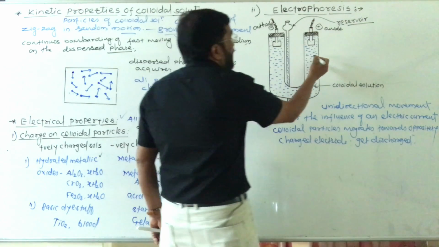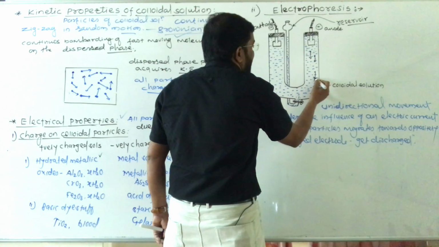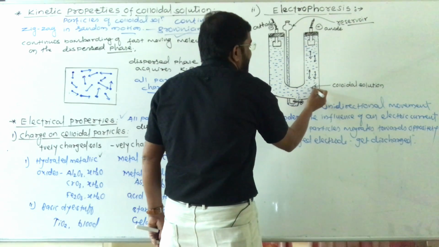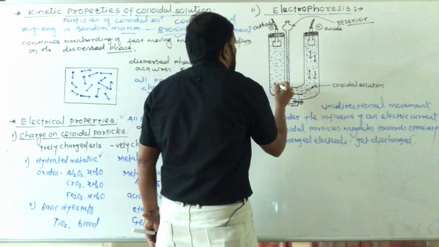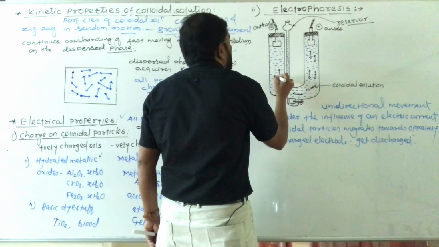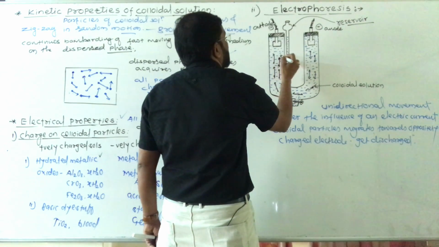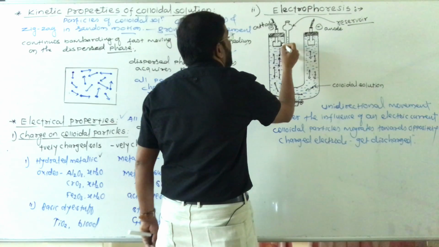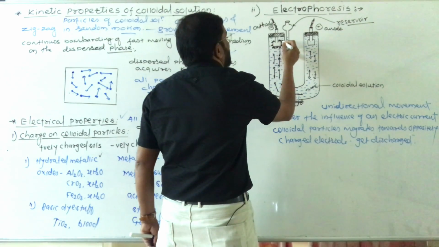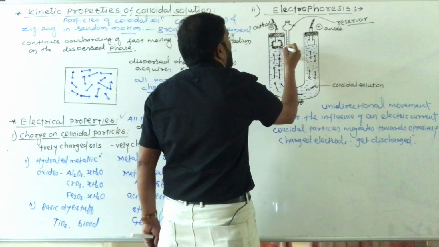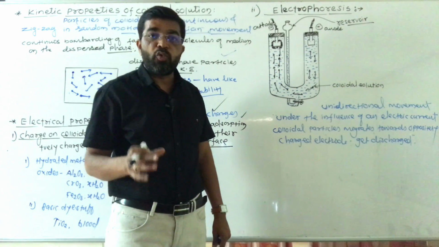So all colloidal particles in this way will migrate towards the oppositely charged electrode, and what happens, they get discharged here, and you will observe that colloidal particles are deposited here, which is called its aggregation or कोएगुलेशन.